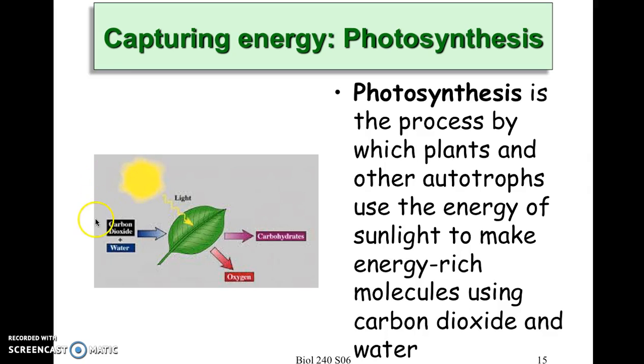So here we have a very simple diagram of the synthesis steps of photosynthesis. On the left, we have the inputs required for photosynthesis. Photo means light. So on the left, we have the raw materials: light, carbon dioxide, which is inorganic, obtained either from the air or from dissolved carbon dioxide in the ocean or lakes, and water.